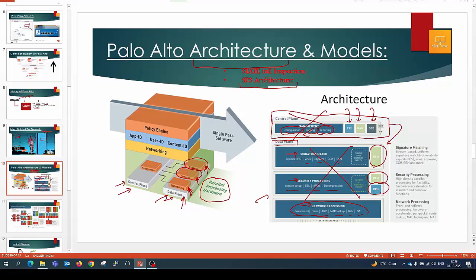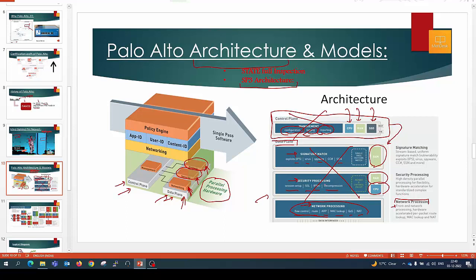And you can understand in the network processing, front end network processing, hardware accelerated per packet route lookup, MAC lookup, and NATting will be performed over here. In security processing, high density parallel processing for flexibility, hardware acceleration for the standardized complex functions will be performed.